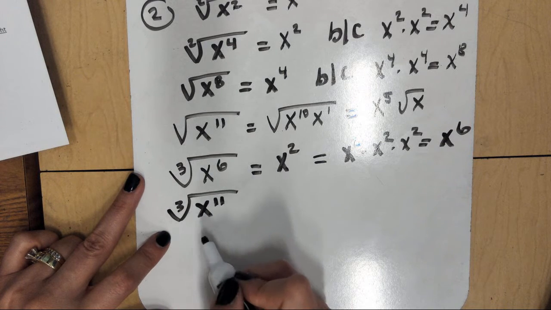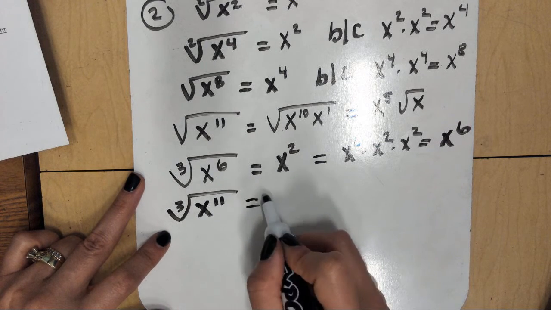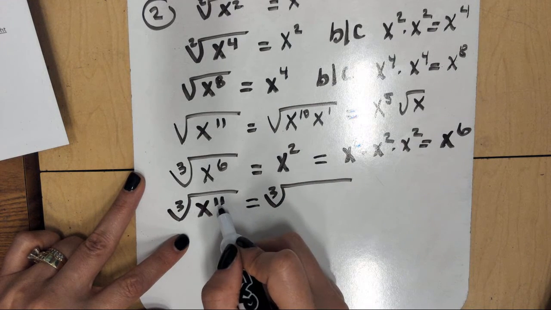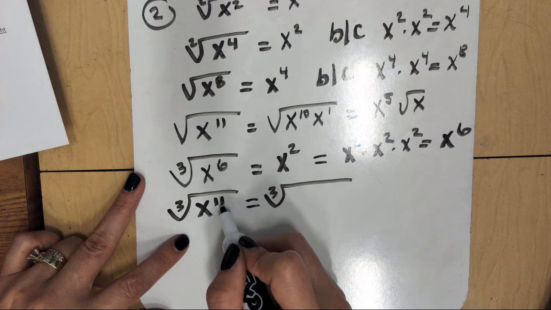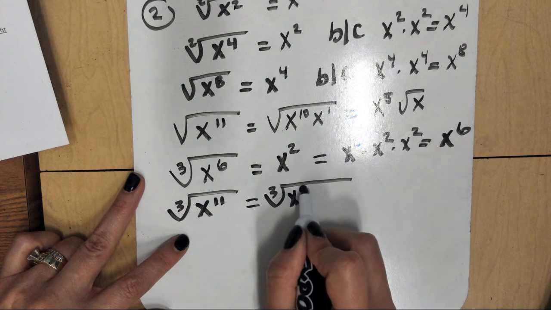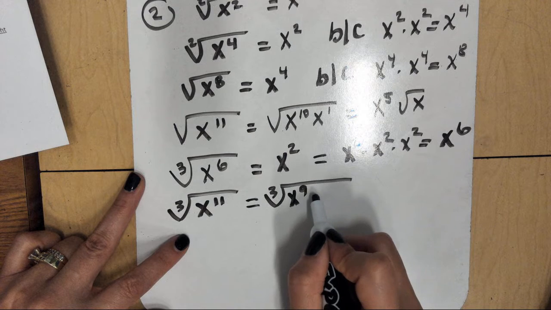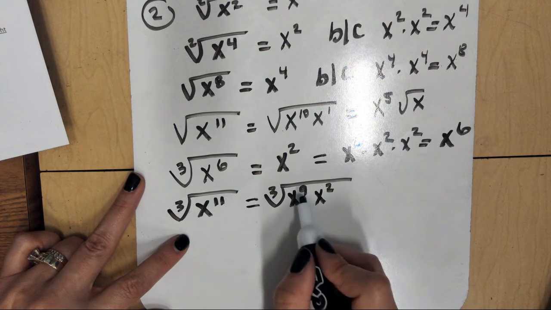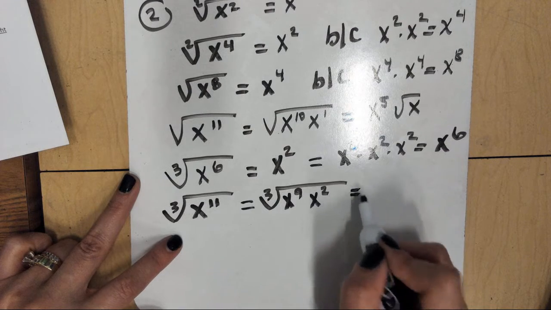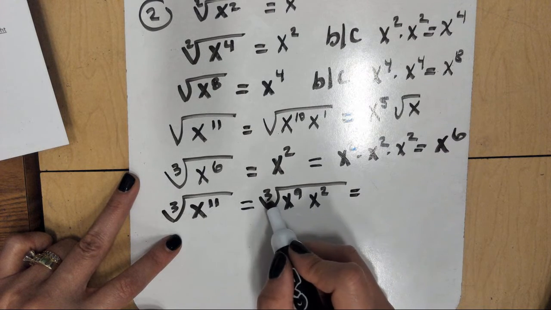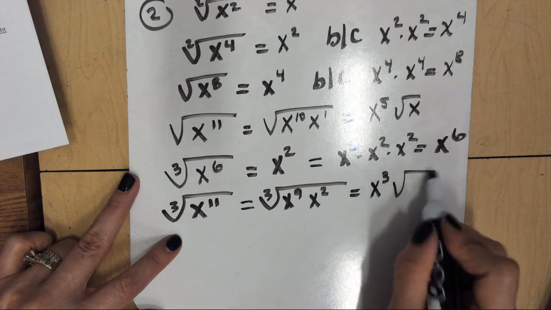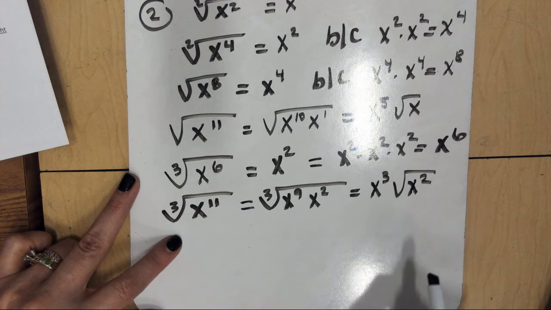Well, 11 does not divide by 3 evenly, so I would have to break it up. 11 does not divide by 3, 10 does not divide by 3, but 9 does. So x to the 9th times x squared gives me 11, since 9 plus 2 is 11. For x to the 9th, 9 divided by 3 comes out as x to the 3rd, and I'm left with x squared under the radical.